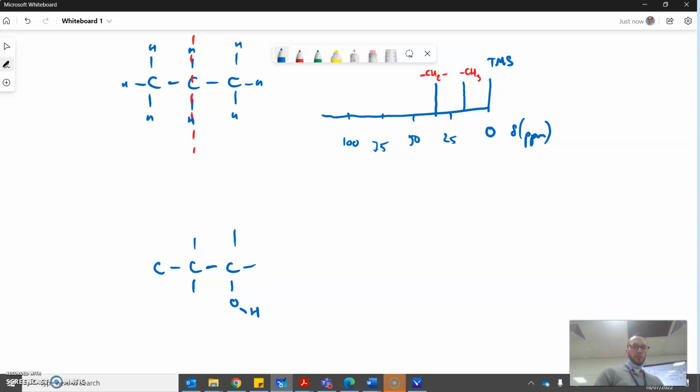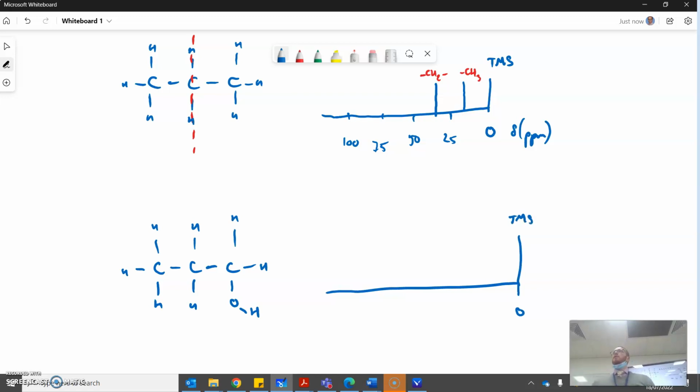So propan-1-ol. Propan-1-ol, we notice, does not have symmetry. Yeah? So given that propan-1-ol does not have symmetry, we expect there to be 3 different carbon environments. We've got a CH3, CH2, and a CH2OH environment. Yeah? 3 unique carbon environments.